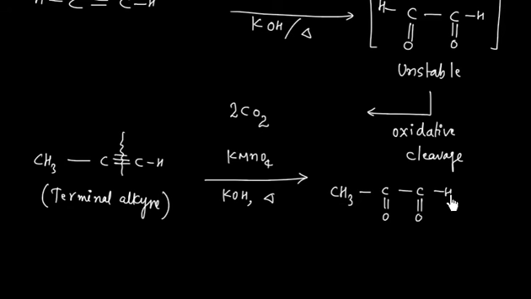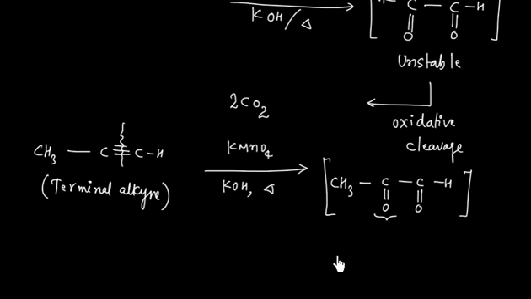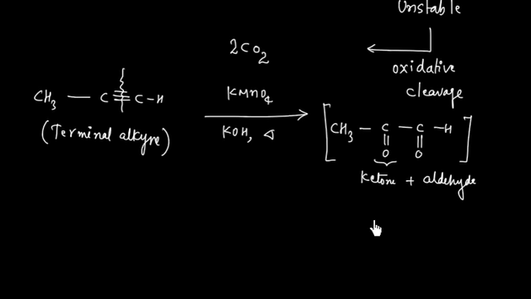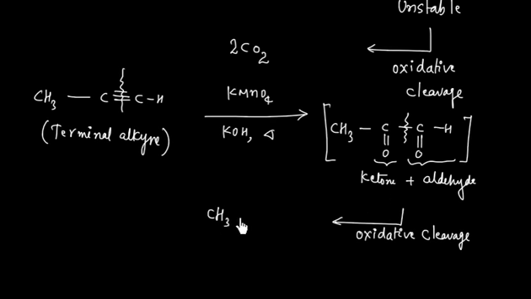This is not a diketone, we have a ketone and we have an aldehyde group. So this is a ketone, and this side we have aldehyde. Now we have to break this bond, oxidative cleavage. Aldehyde converts into carbon dioxide, and this converts into salt of acid.